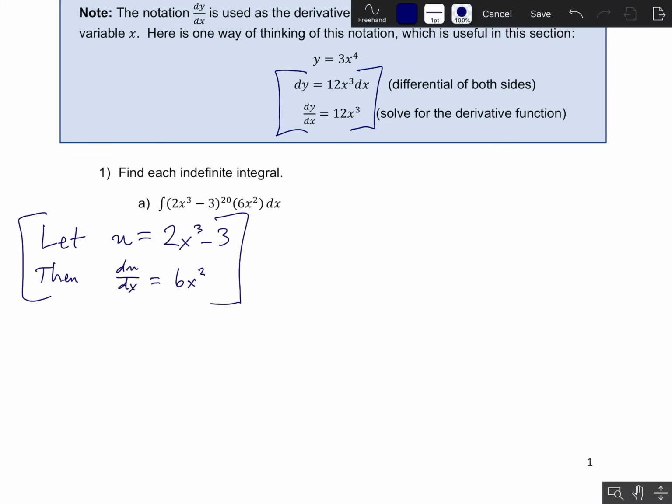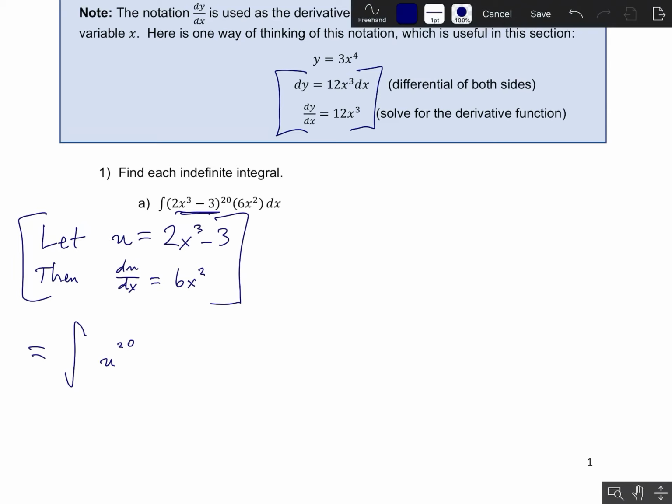So if I plug these in for the expressions that we have up here, then the integral would become, well, for this first term, I would end up getting u to the 20th power. So I'm just replacing g of x with u. And I'm trying to convert this into an integral that only involves u, like we did up above.